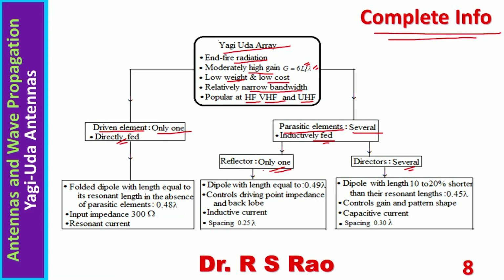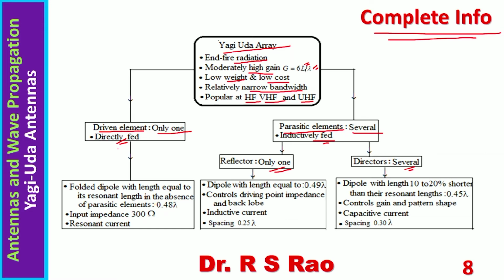The benefit we get by going to more reflectors is quite insignificant, so the number of reflectors is limited to one. Directors are several. It is found that more directors give more gain.